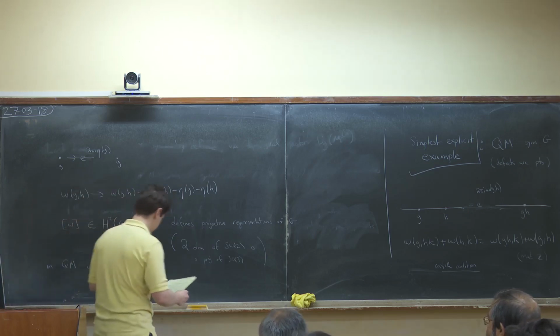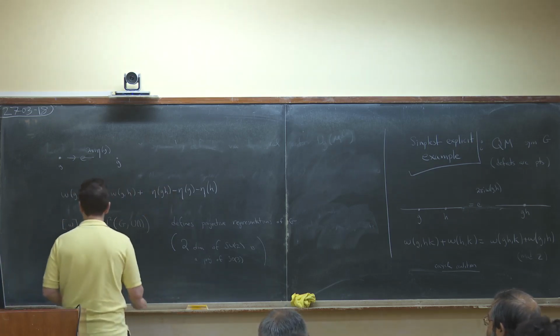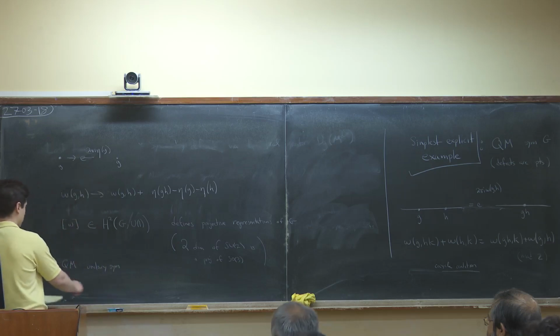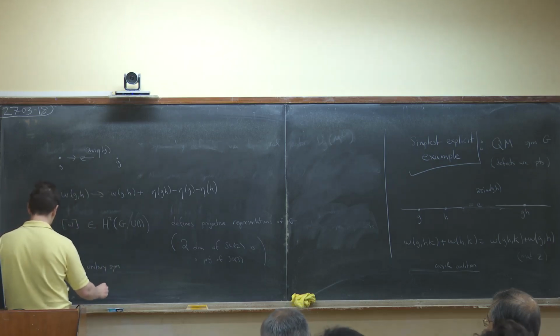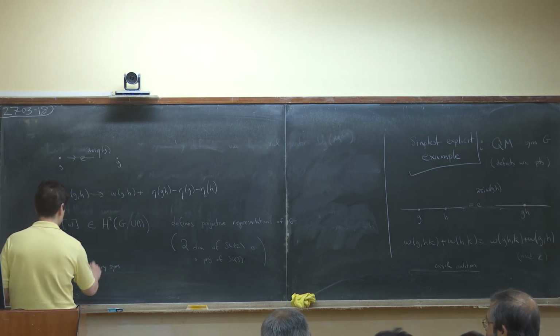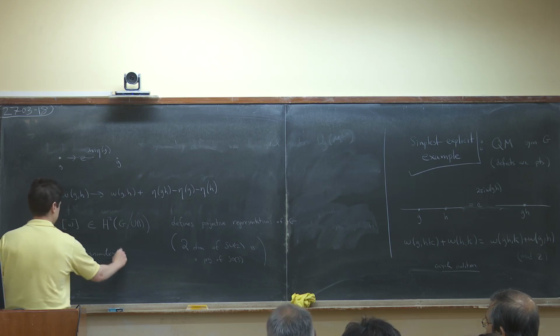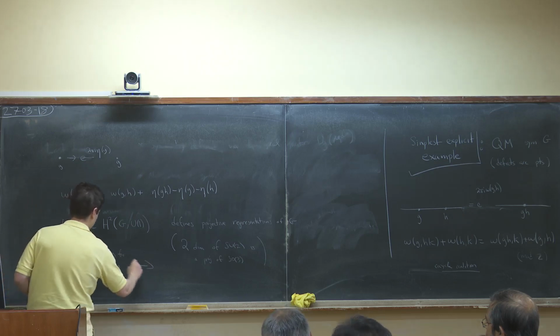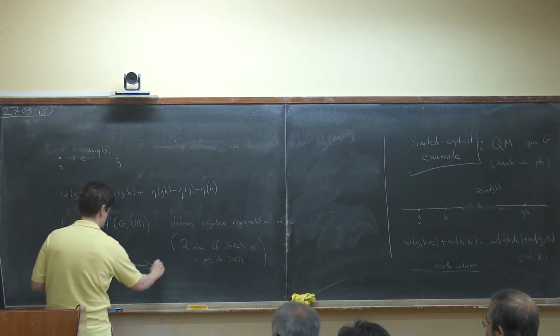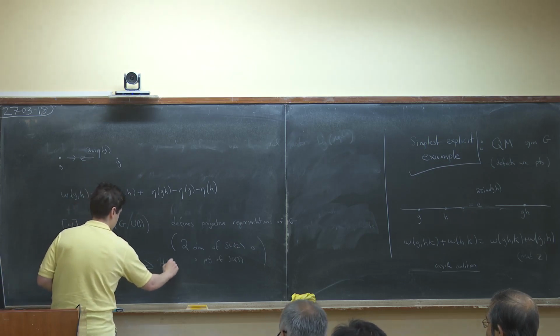Okay, so good. So what's the physical consequence? First of all, we learned the following slogan. In quantum mechanics, unitary symmetry, or anomalies for unitary symmetry, is the same thing as projective, saying that the Hilbert space is in a projective representation.